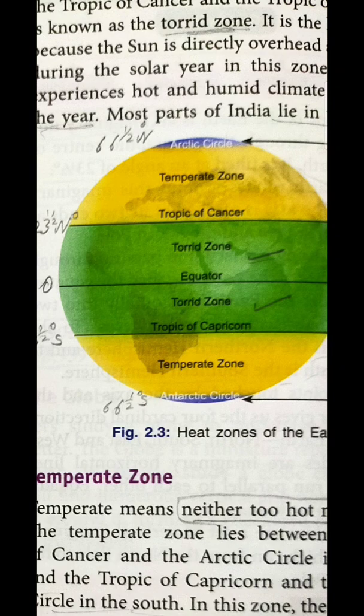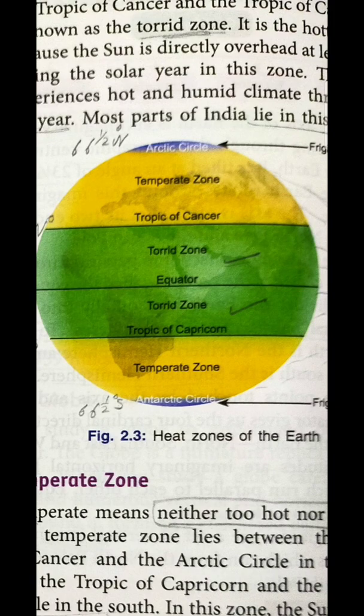It lies between the Arctic Circle and the North Pole in the northern hemisphere, and between the Antarctic Circle and the South Pole in the southern hemisphere. This region is very cold because of the absence of sunlight. Ice and snowfall cover the area throughout the year.